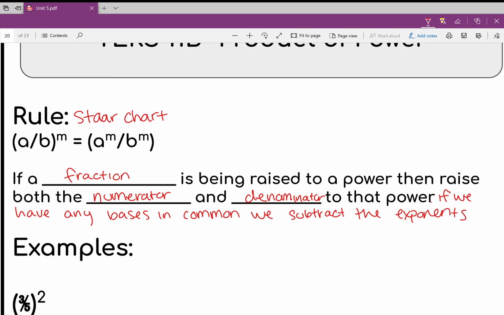So this whole thing reads, if a fraction is being raised to a power, then raise both the numerator and denominator to that power. If we have any bases in common, we subtract the exponents.